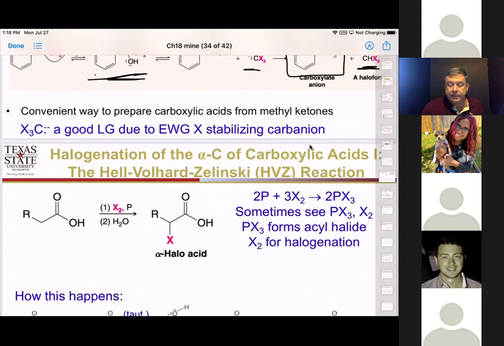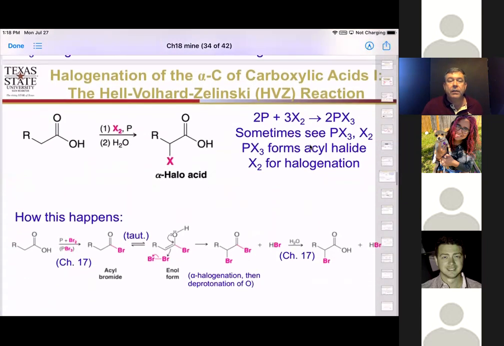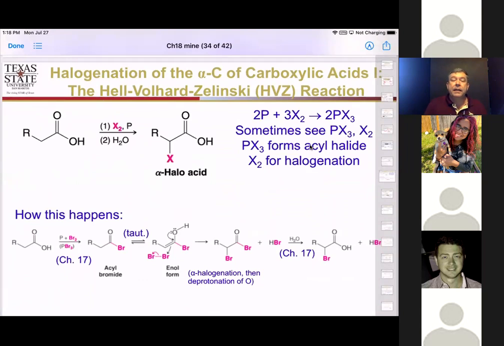Now, the reason these are kind of cool is because you're giving yourself something that can be displaced by a nucleophile next to a carboxylic acid. Okay, it's not on the carboxylic acid carbon like we did last chapter, where we're doing substitutions with that. We're actually doing substitutions on the carbon next to it. So you always generate a carboxylic acid plus some kind of halogen you can do additional chemistry on.